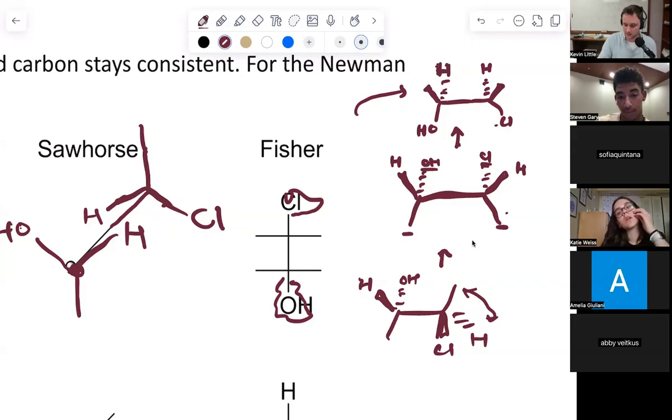If this is the head of the dog over here, what leg is this hydrogen here? That's the left leg. The dog's left leg or your right?